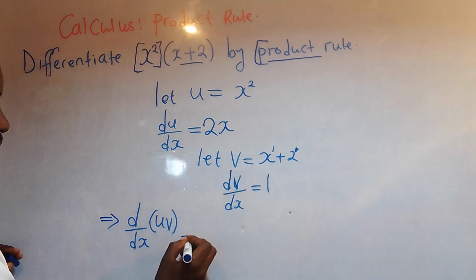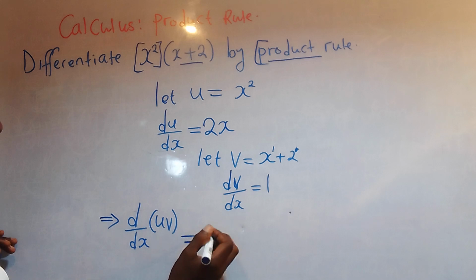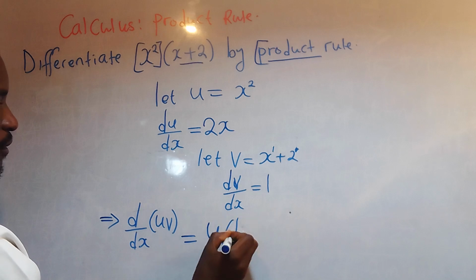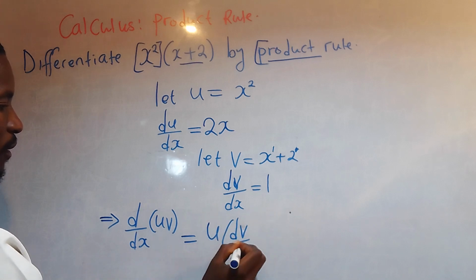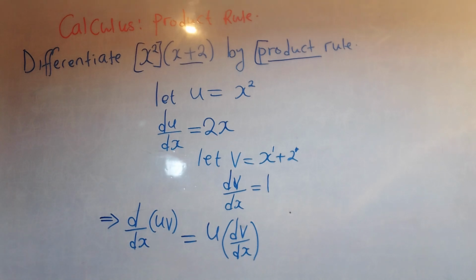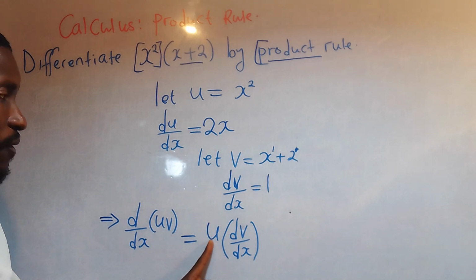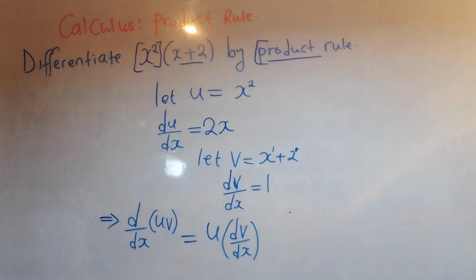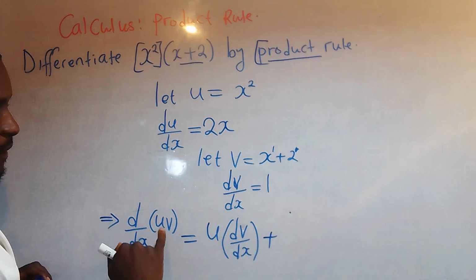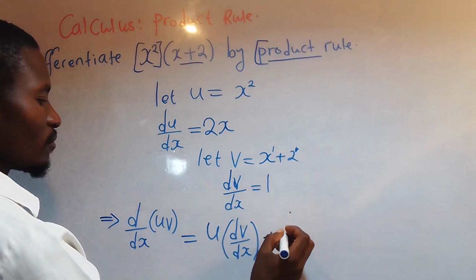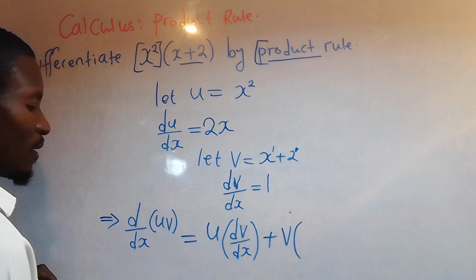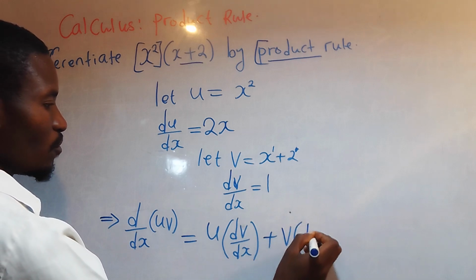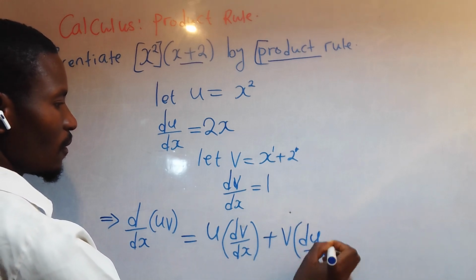From there, we are going to say u multiplied by dv over dx, meaning this function multiplied by the derivative of the other, plus v in bracket multiplied by the derivative of the first, which is du over dx.